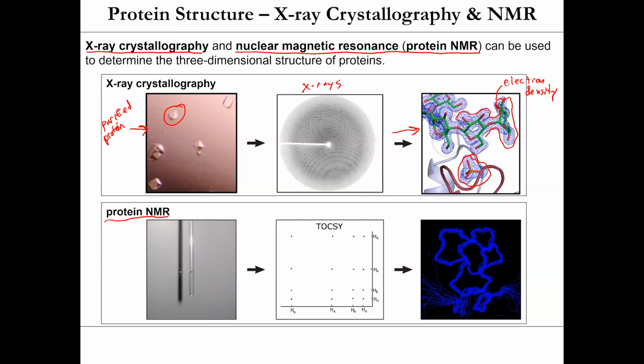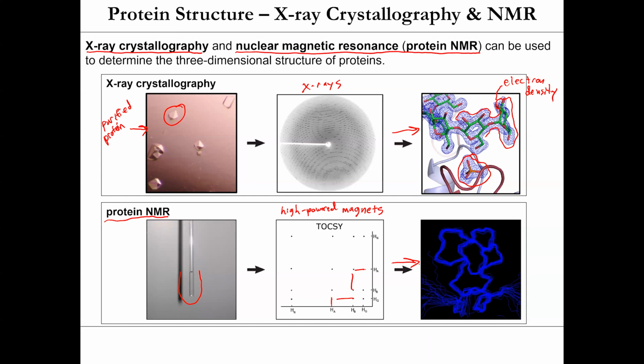You can just purify your protein, have it in solution, and then you hit that with very high-powered magnets that align the nuclei of the atoms in the protein in your sample. That gives you an understanding of the interactions between the different atoms in your sample, and you can use that to determine the three-dimensional structure of your protein.